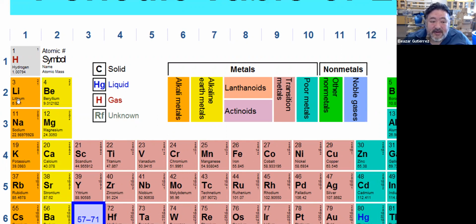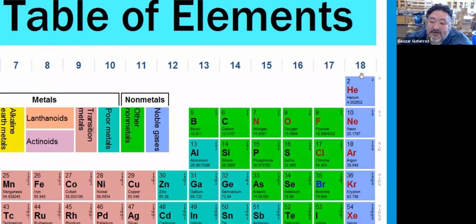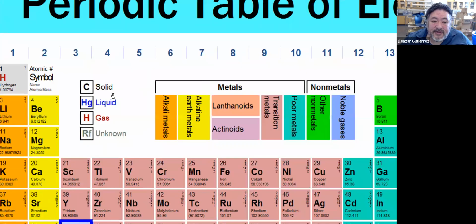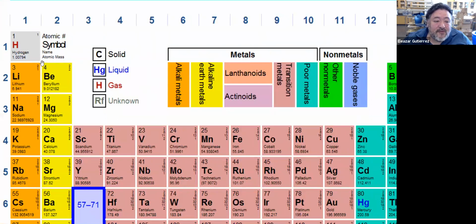Are you guys with me? Let's look at beryllium. How many valence electrons do we have? Well, the atomic number is 4. So we have 4 protons. Therefore, we have 4 electrons. But we can't forget that 2 of those electrons are in a happy helium configuration. So therefore, 4 electrons minus 2 electrons is 2 electrons. So this guy has 2 valence electrons. Are you guys with me?